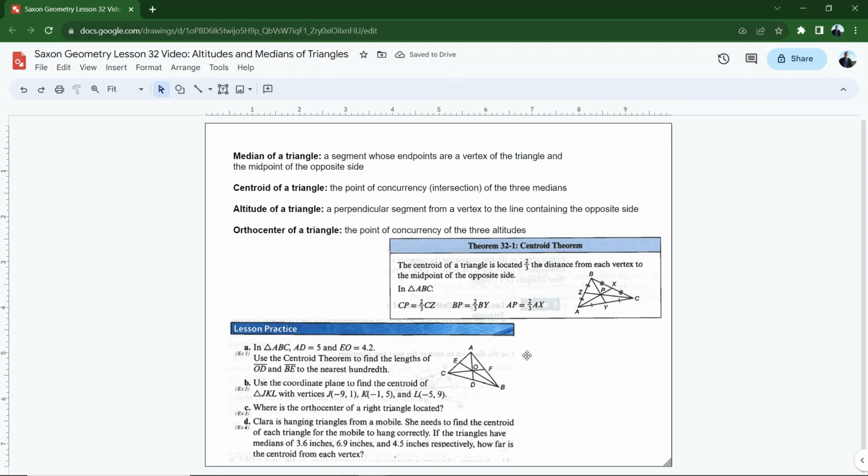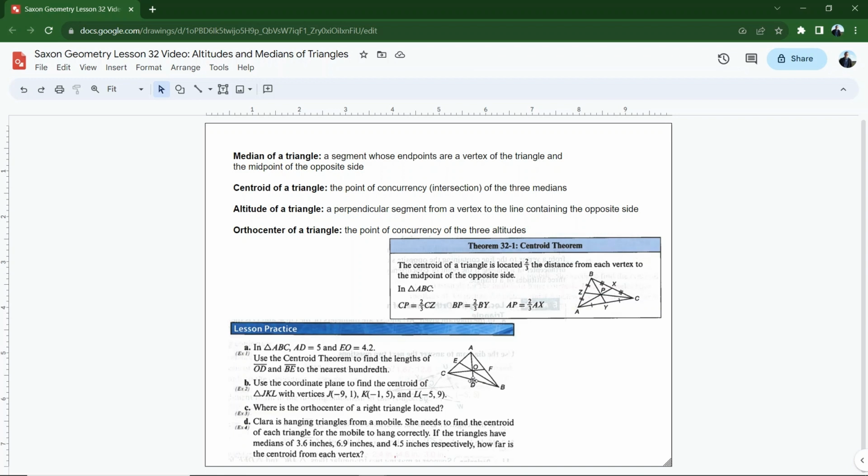In triangle ABC, AD equals 5 and EO equals 4.2. We need to use the centroid theorem to find the lengths of OD and BE. Okay, so OD is this little guy right here. Notice that OD is not connected to a vertex. That would be OA.